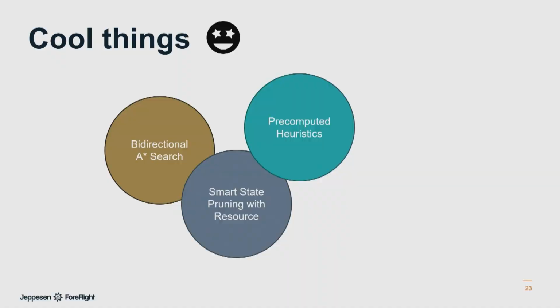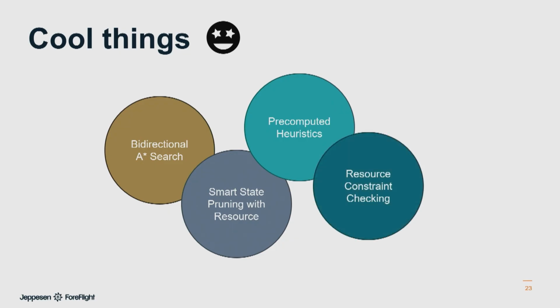We also had some heuristics. It ran one Dijkstra's at the very beginning. It was also used by the main A-star to prioritize search paths. And then also resource constraints checking. So if we were breaking a constraint very early on, it stops searching as it would never contribute to the best solution.